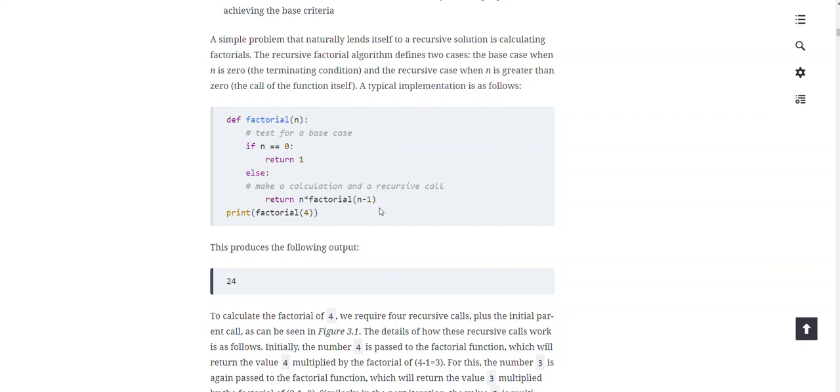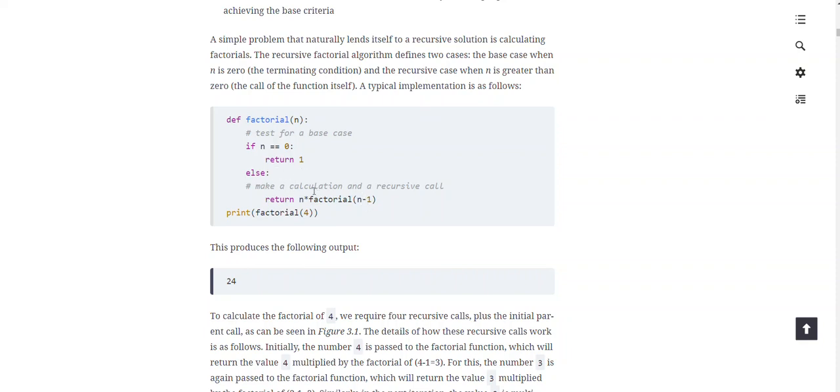Now, the tricky part about recursion is we've got to be careful that we don't get caught up in an infinite loop. We've got to have mechanisms like this to get out. So what if I had this thing set up and I said, define factorial n, and we didn't have this, we just had return n times factorial n?